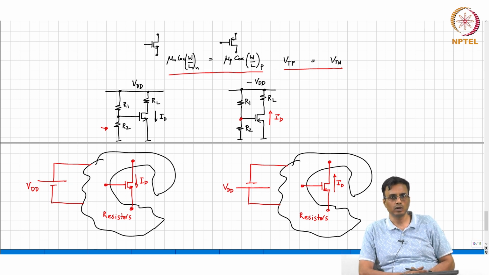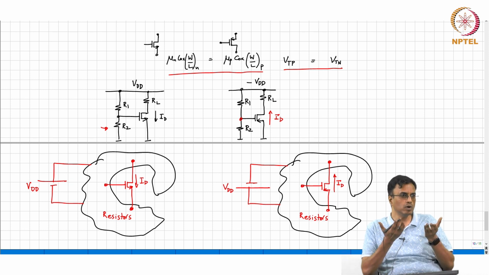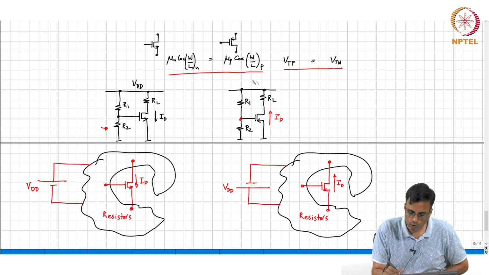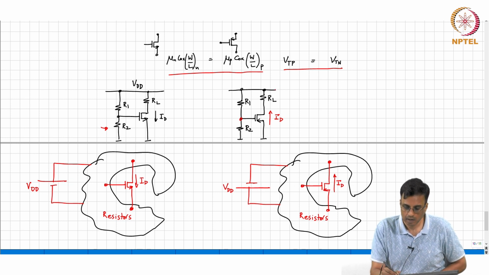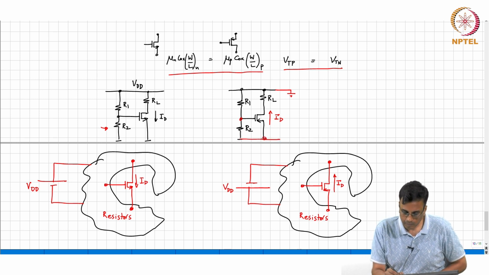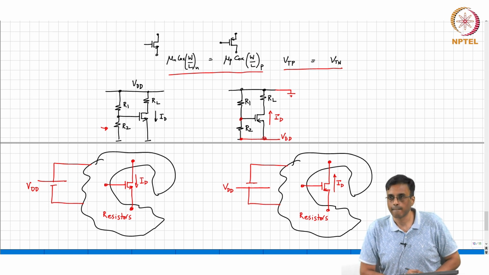So what do we do? Add VDD to all nodes. So basically then this node becomes ground. What does the lowest node become? That is VDD. So nothing changes, correct.